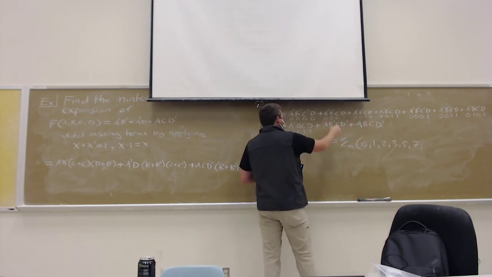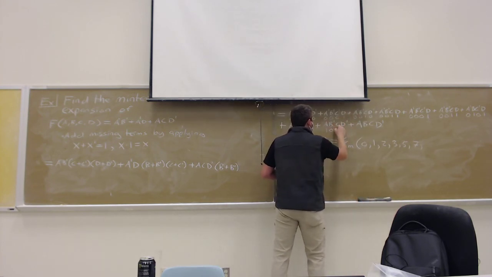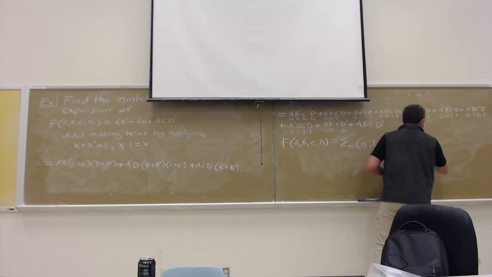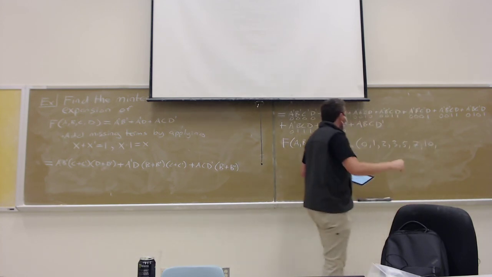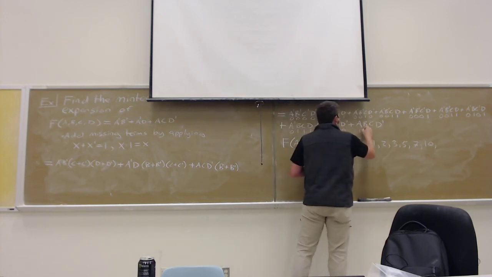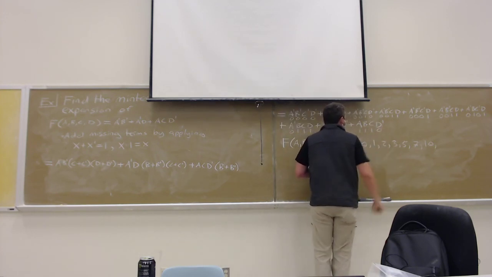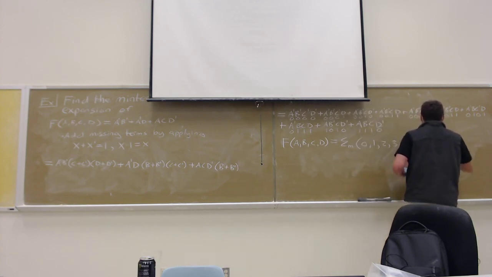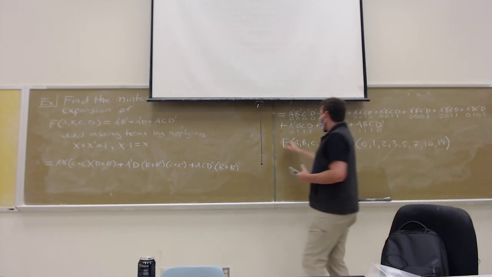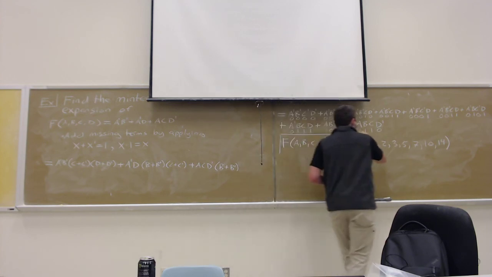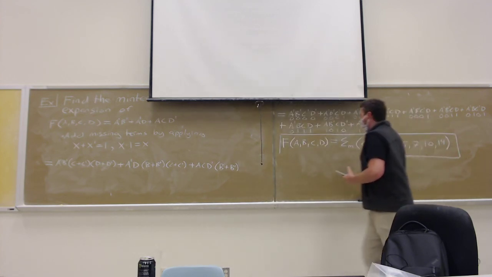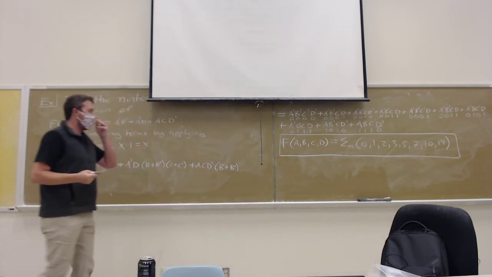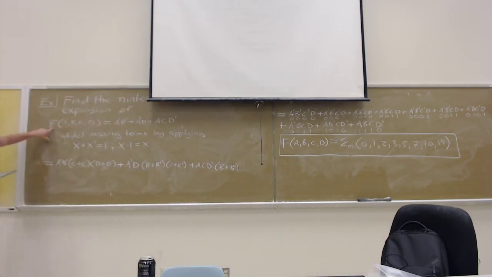A prime, B, C, D prime is going to be 1, 0, 1, 0, which is 10. And A, B, C, D prime is going to be 1, 1, 1, 0, which is 14. And there we go, that's our final answer. There is the minterm expansion, the generalized minterm expansion of our function f.